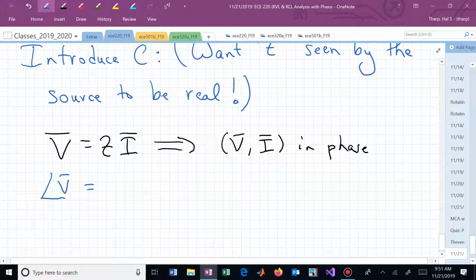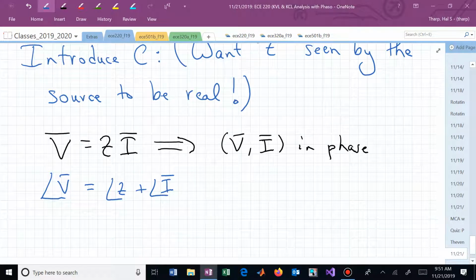How do angles combine? Multiply? Do they divide? Do they subtract? None of the above. They add, don't they, in a product. So this is really the angle of Z plus the angle of I. And if we want V and I to be in phase, then we need the angle of Z to be 0.